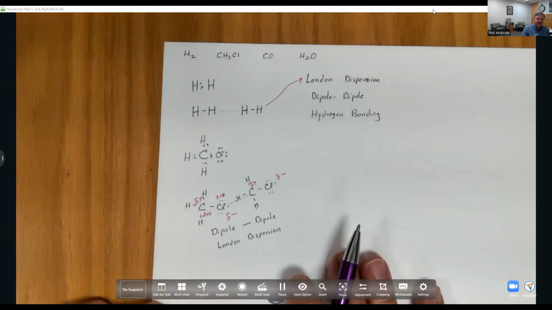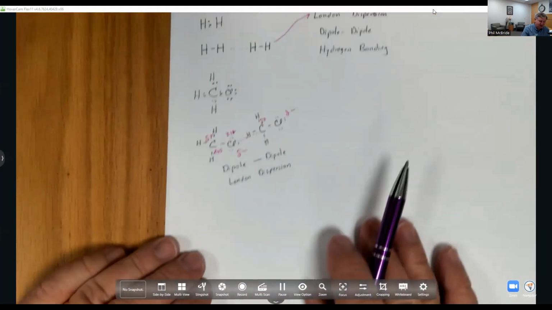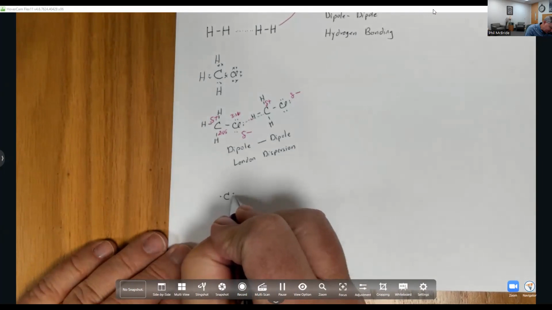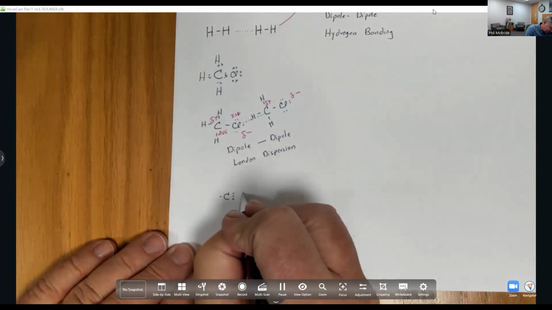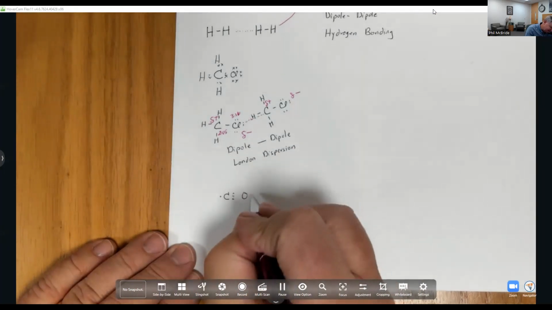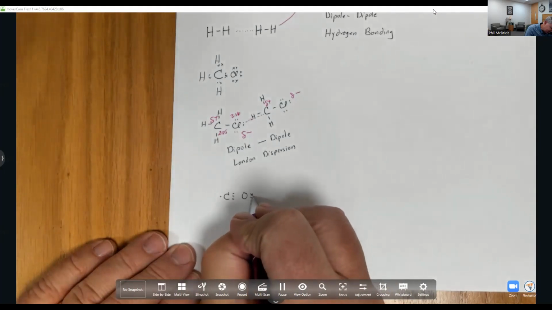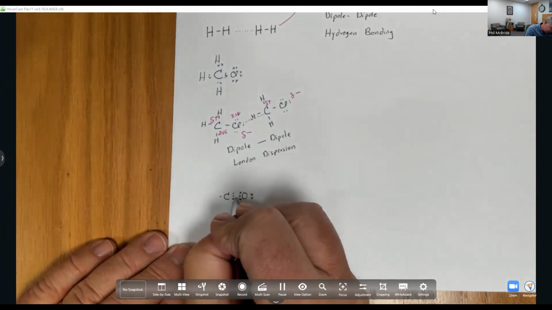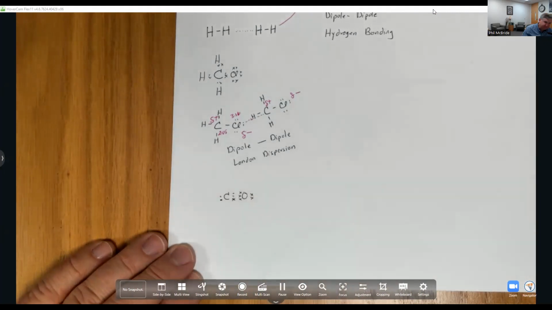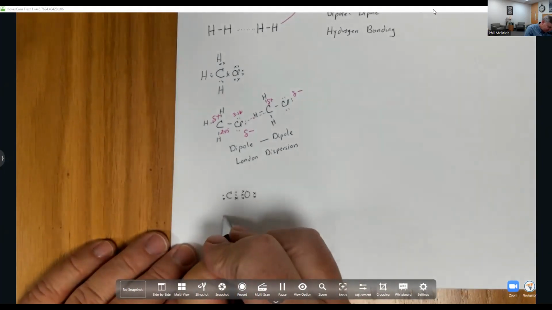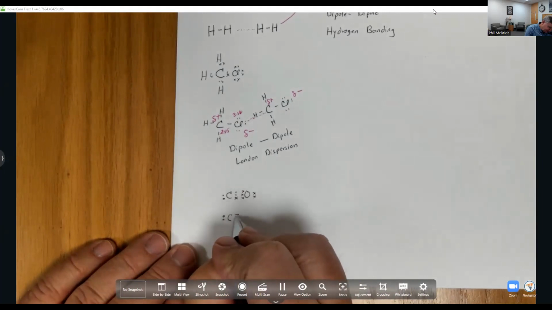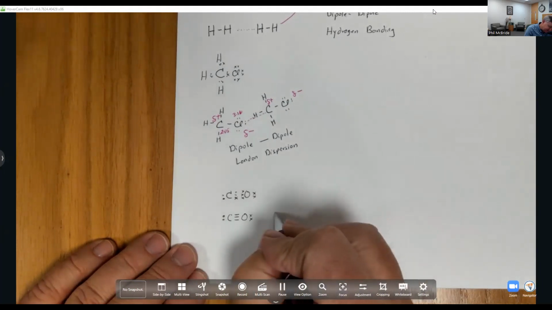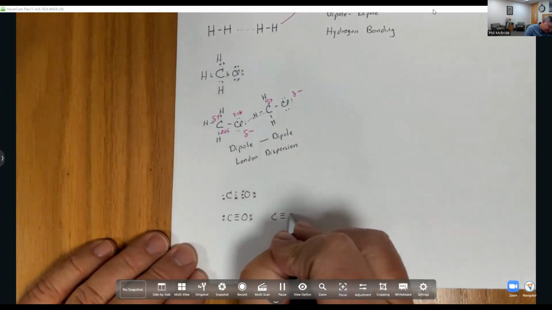Then let's look at carbon monoxide, CO. So carbon has 4 valence electrons. Oxygen has 6. So we're going to have a triple bond between the carbon and the oxygen. And then let's look at another one.